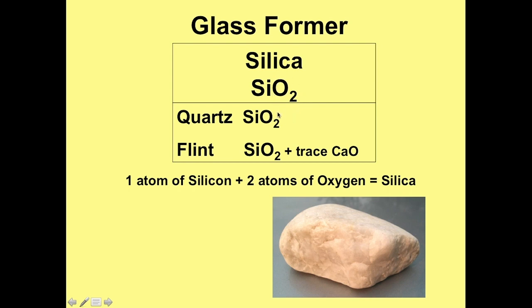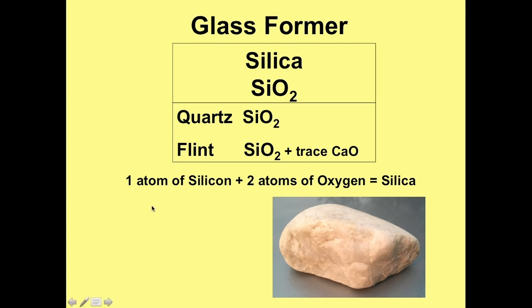And we find silica in quartz. So we have Si, here's our 1 molecule of silicon, 2 of oxygen, or flint. And flint has a little bit of trace calcia in it. And they tend to call it silica flint over in Europe.